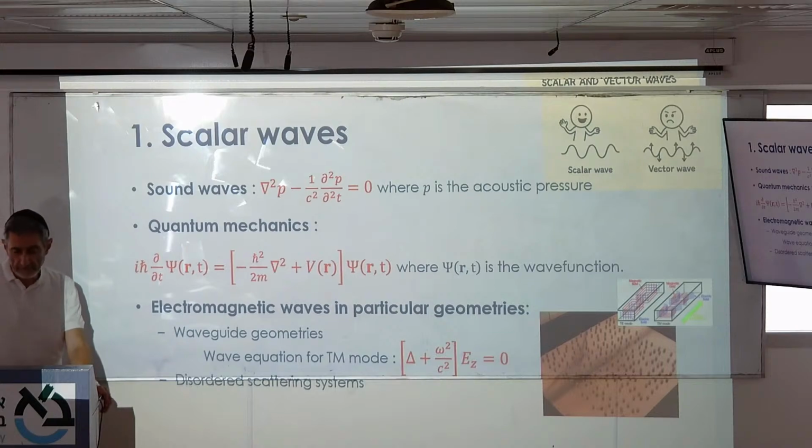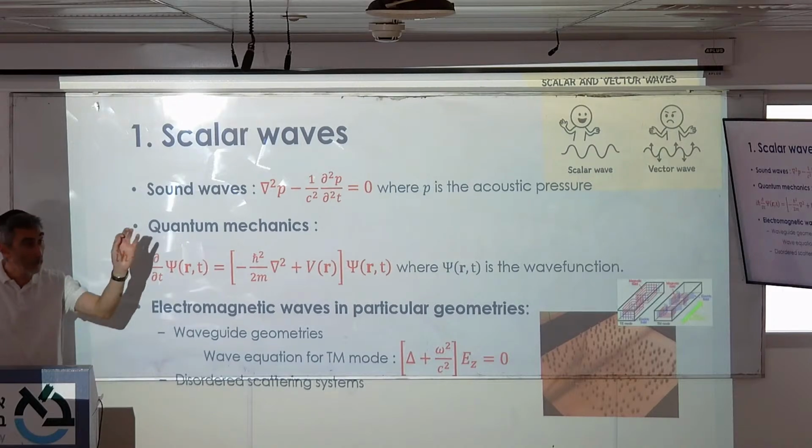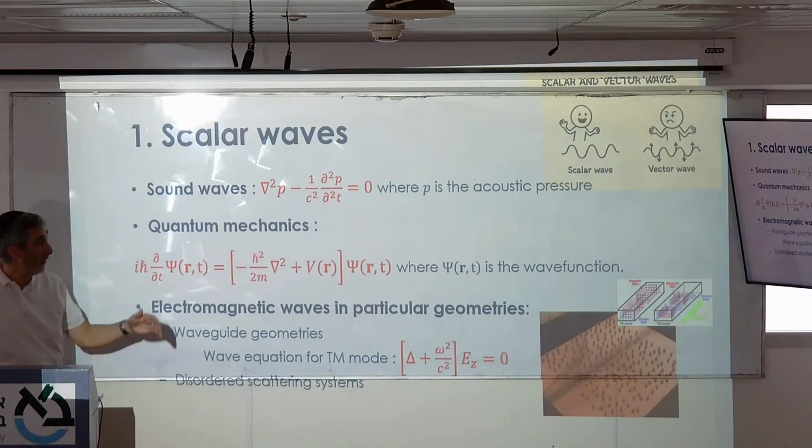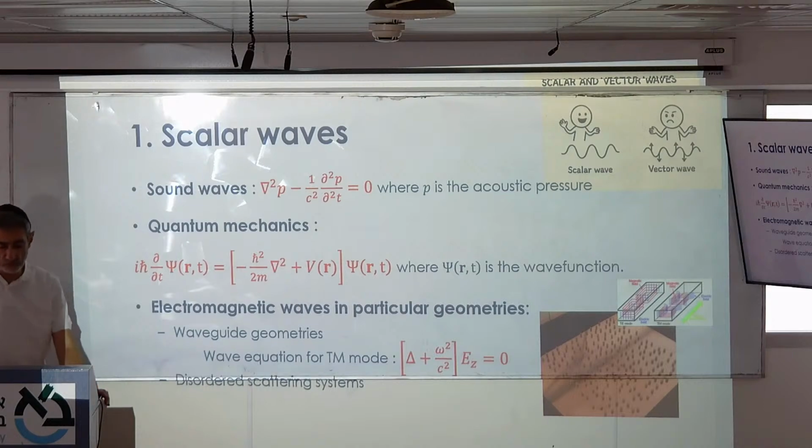A scalar field is a function associated with a single number at any point in space at any time. So the scalar model will treat the light intensity and the phase only, with no vectorial description.